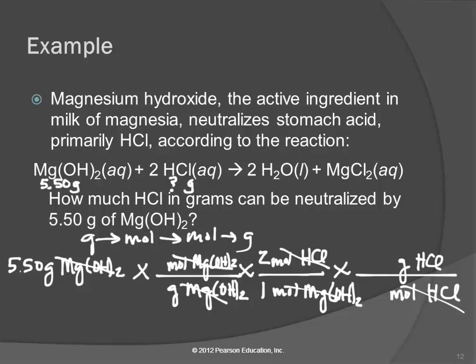Then we need molar masses for these other guys. So magnesium, 24.31. And this is where it's really important to understand what these formulas are saying. The 2 on the outside of the parentheses multiplies everything inside the parentheses. So there's 2 oxygens and 2 hydrogens.